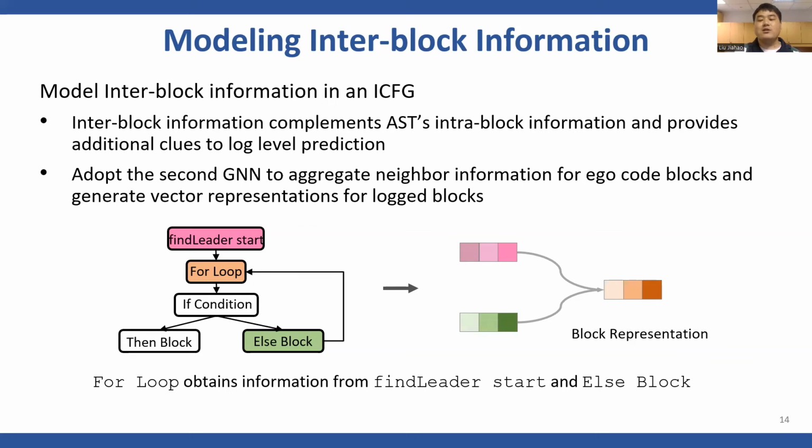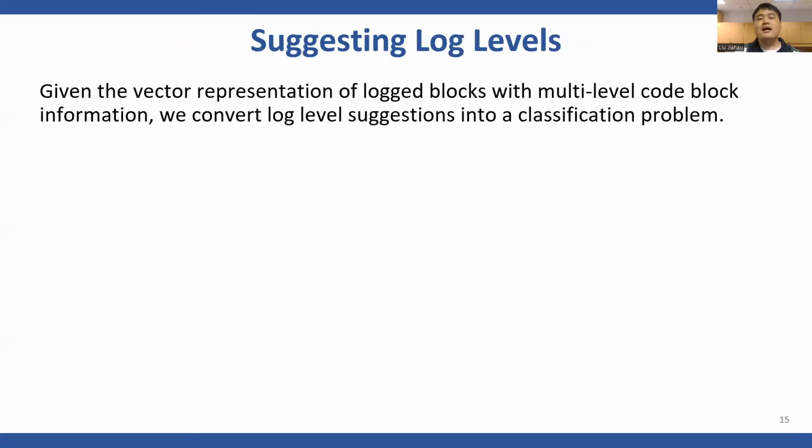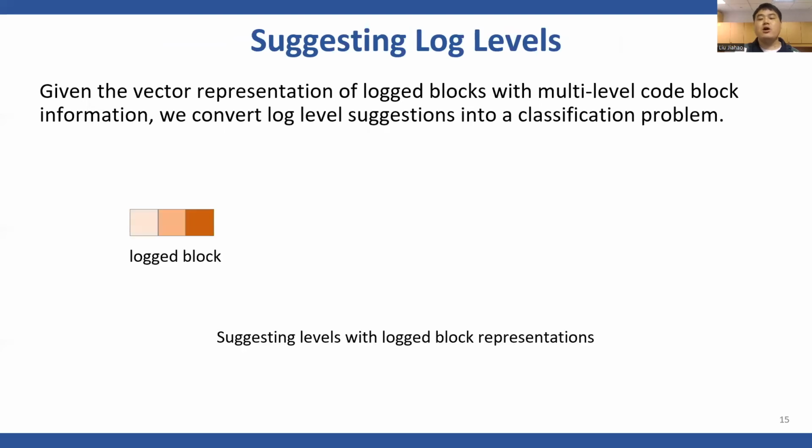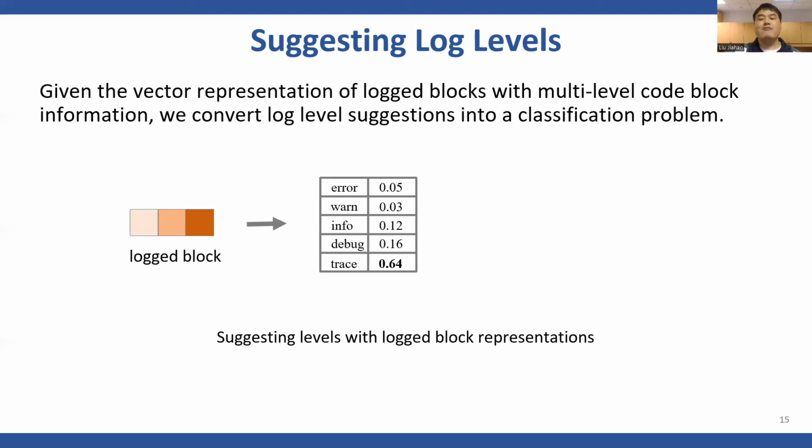After this process, we can generate high-quality representations for basic blocks that encode both intra-block and inter-block information. In the last step, we use the representation of the logged blocks to suggest log levels. Particularly, given the logged block representation, we calculate a probability for each log level with an embedding, and then we suggest a proper log level for it.